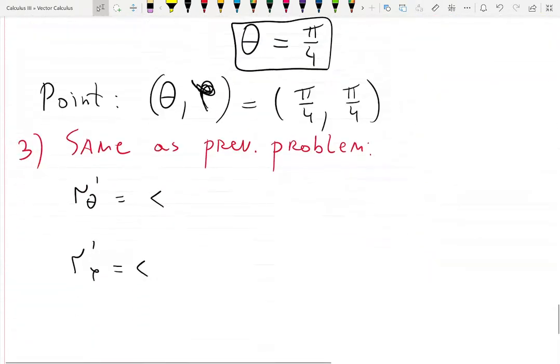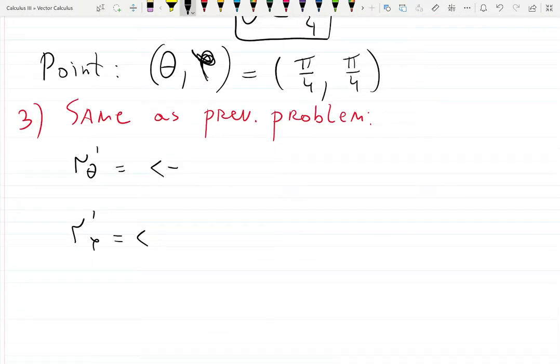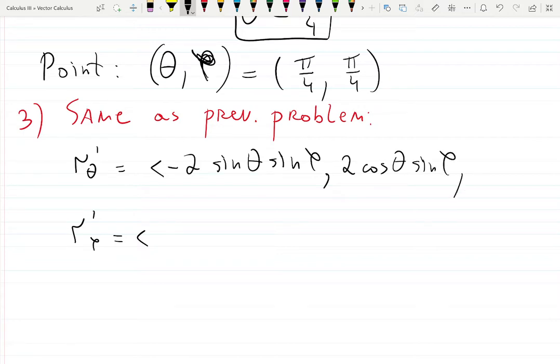Everything is copied, so you have minus 2 sine theta. Sine phi stays because it's just a constant. Second one, repeat the same thing: 2 cosine theta sine phi. And the last one has no theta in it, so it's 0.